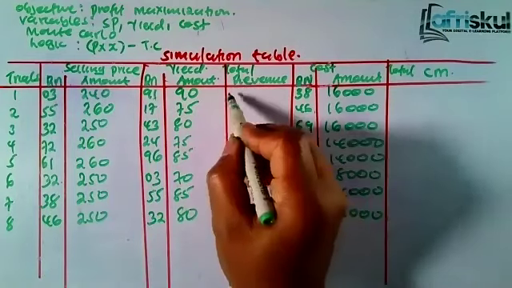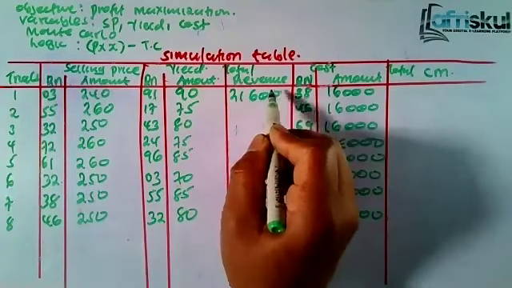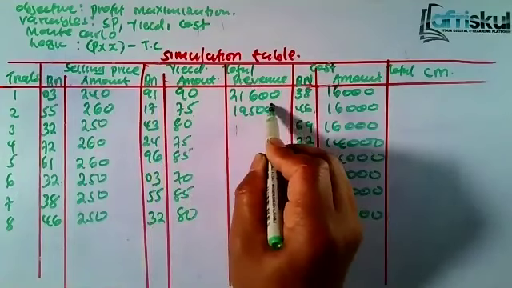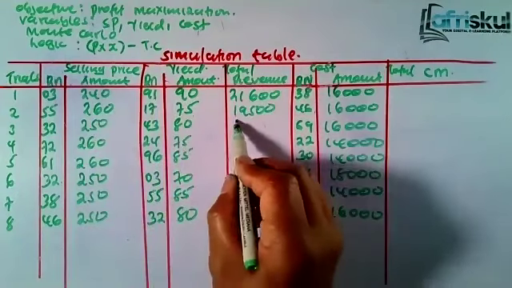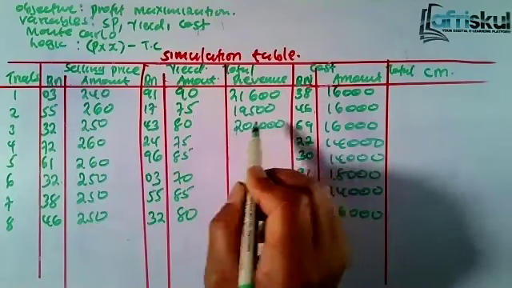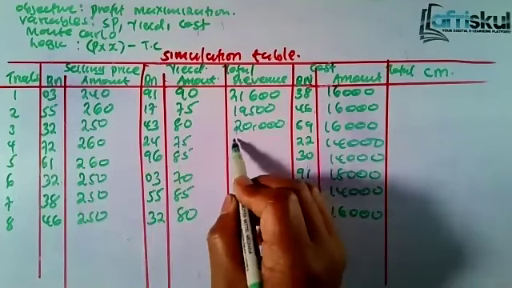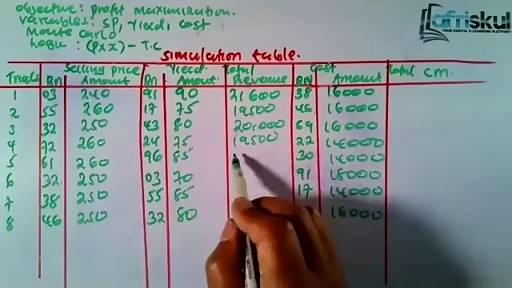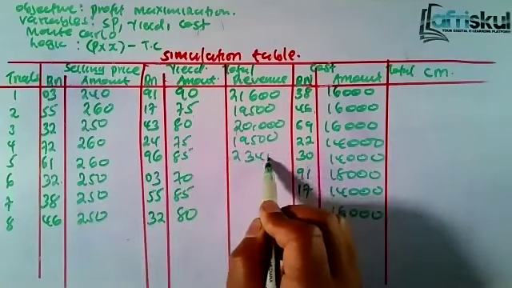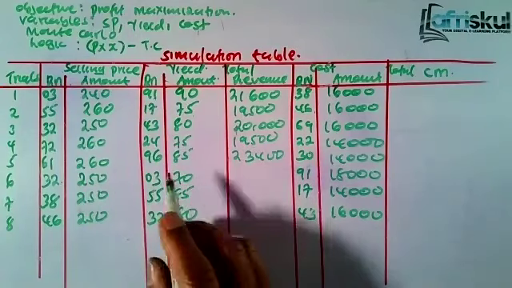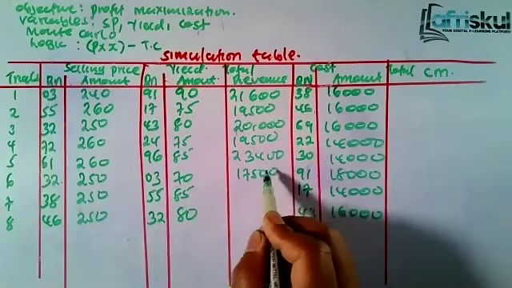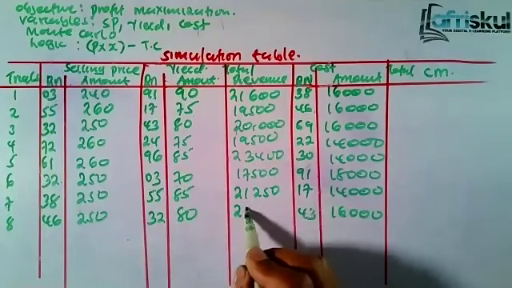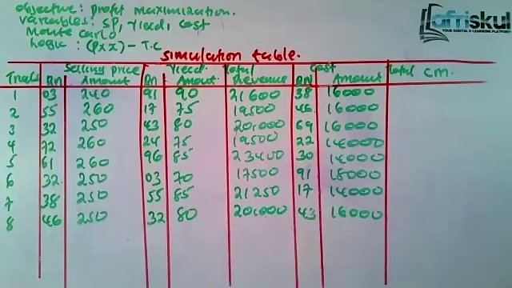So utapata 21,600. 260 times 75, you get 19,500. 250 times 80, you get 20,000. 260 times 75, that's 19,500. 260 times 85, that is 23,400. Now inakuja 17,500. Then we have 21,250. Then 20,000.